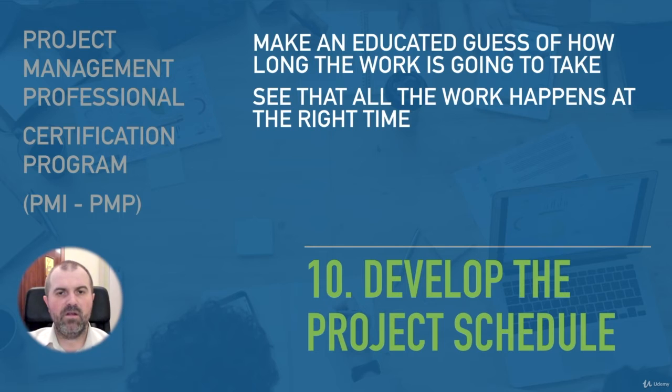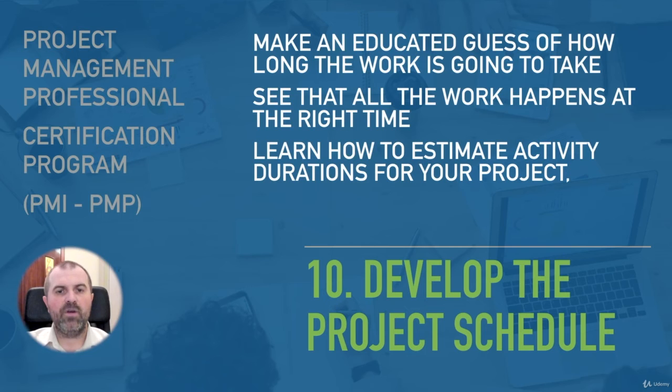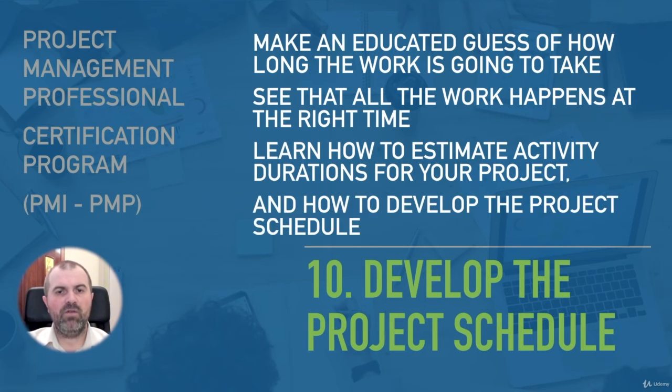If it doesn't, delays in one area can cause a domino effect that cascades through the remainder of the project. So in this course, you are going to learn how to estimate activity durations for your project and how to develop the project schedule using those estimates.